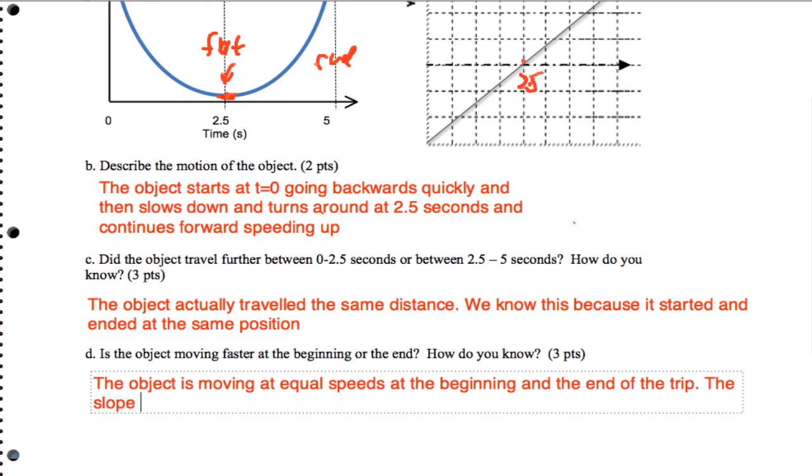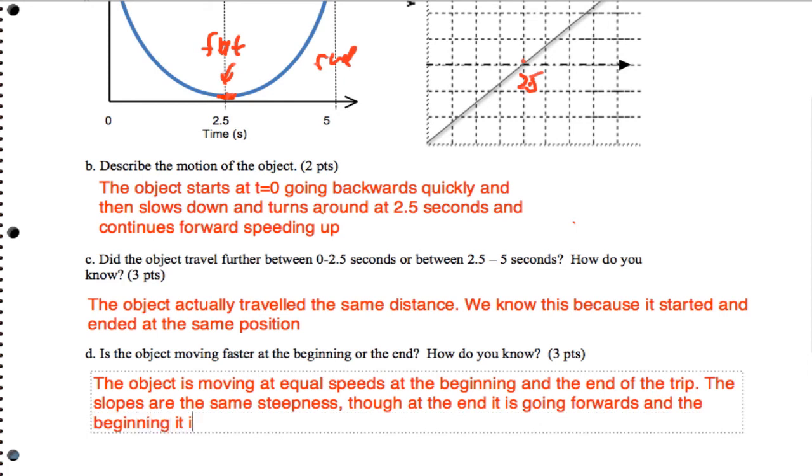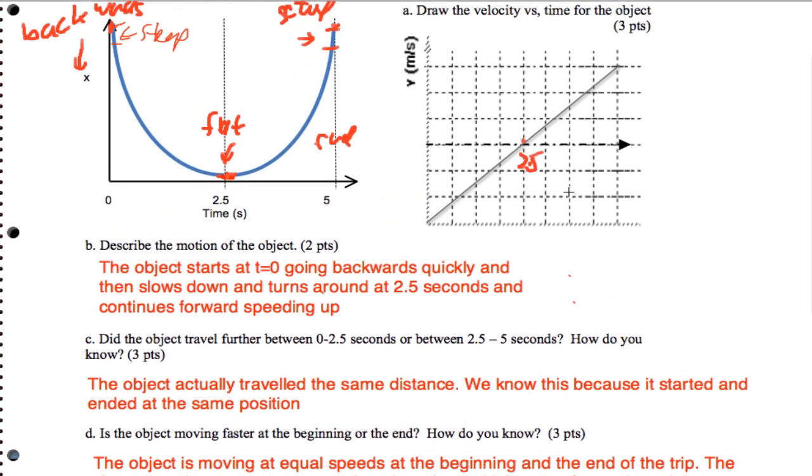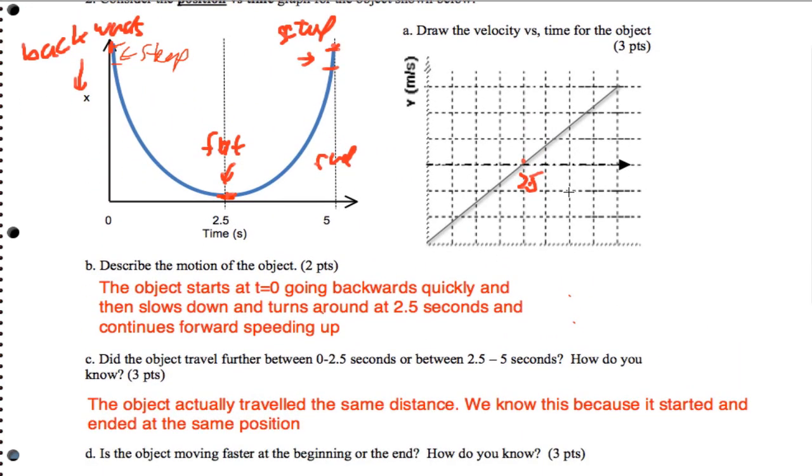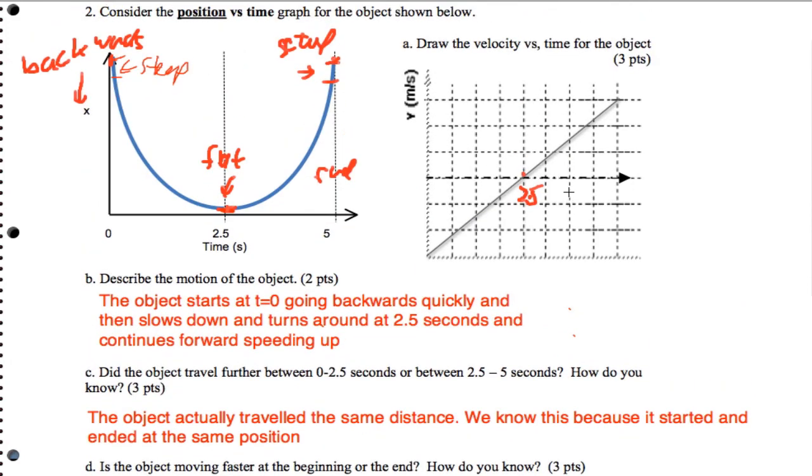The slopes are the same steepness, though at the end it is going forwards and at the beginning it is going backwards. That would be the most complete answer that you could write to this problem. So that is the solution to problem number 2.